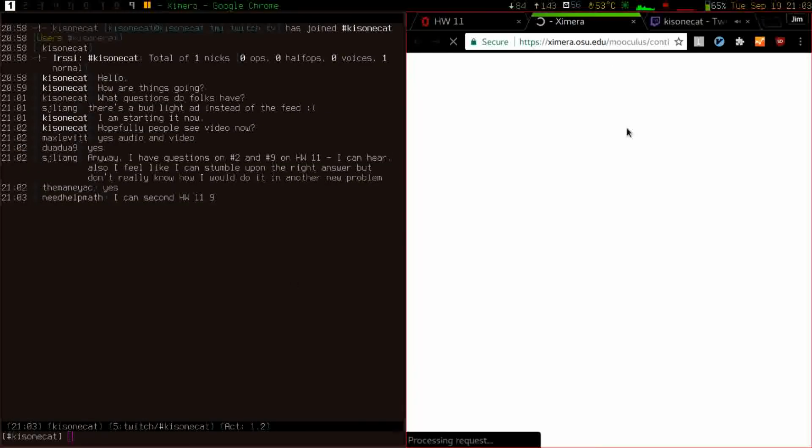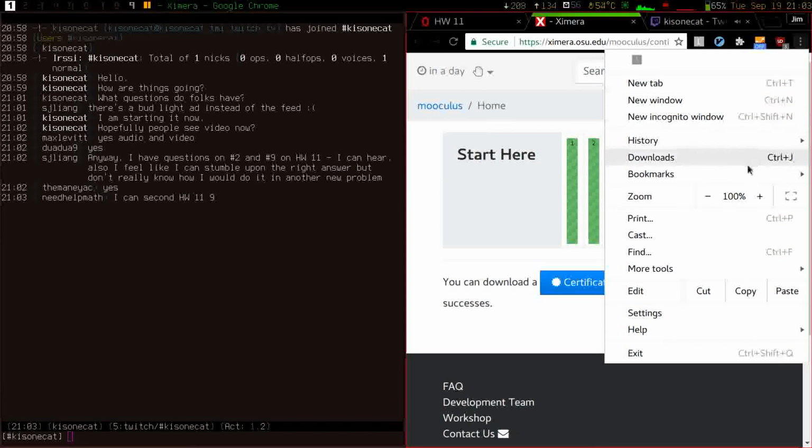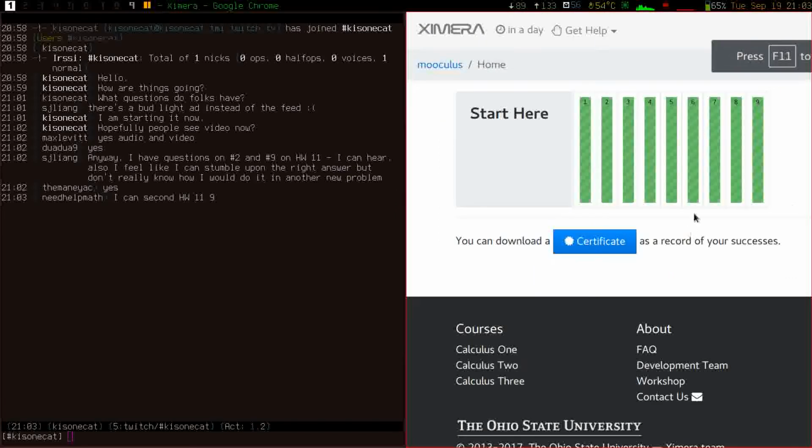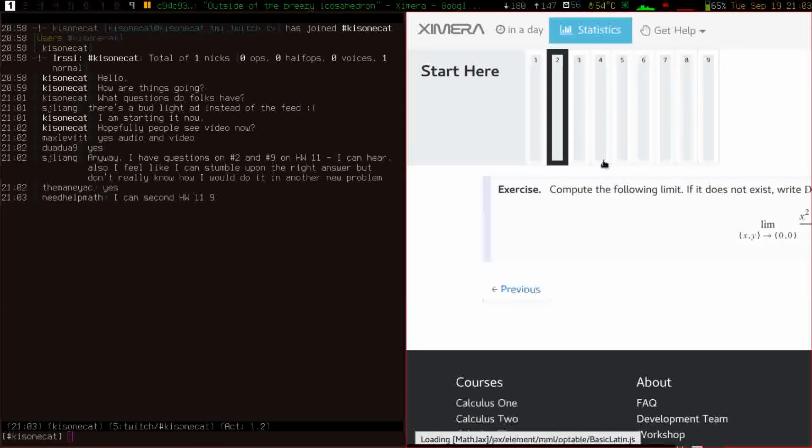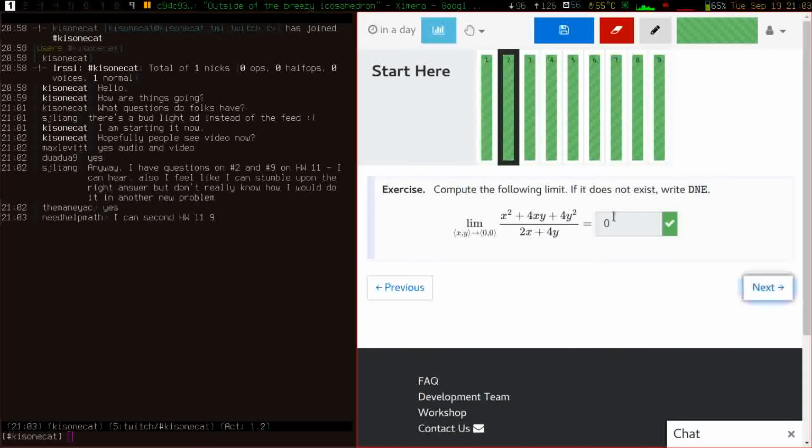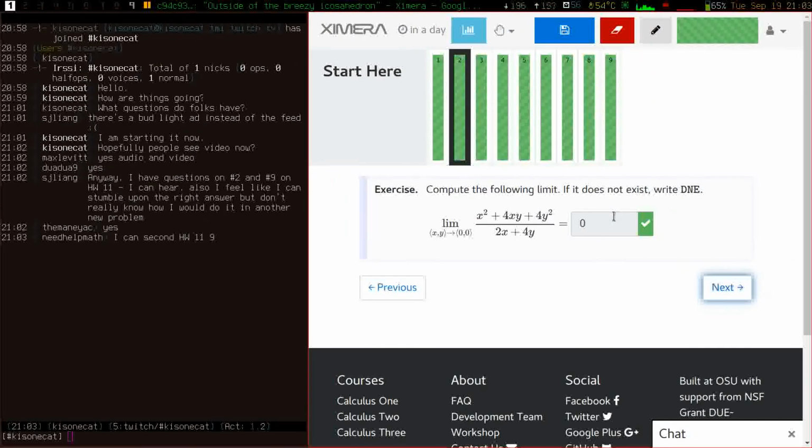And let's see, you want to look at problem 2. Compute the following limit. If it does not exist, write DNE.